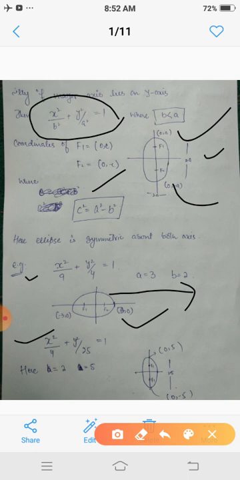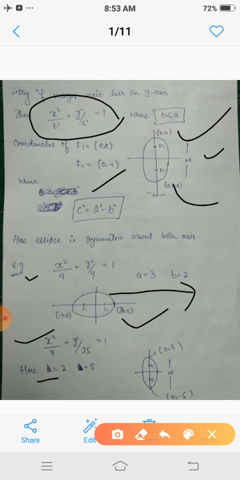Like if we consider x square upon 4 plus y square upon 25 equals 1, this means that b equals 2, because here the denominator of x square is less than the denominator of y square. So the least denominator is written in the form of b square, which implies that b square is 4, b is 2, a is 5.